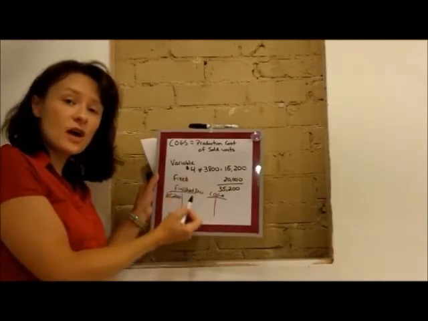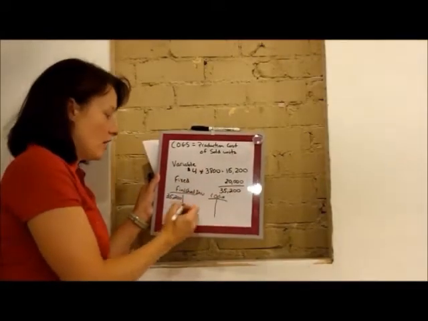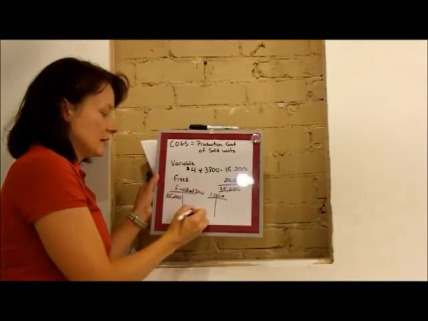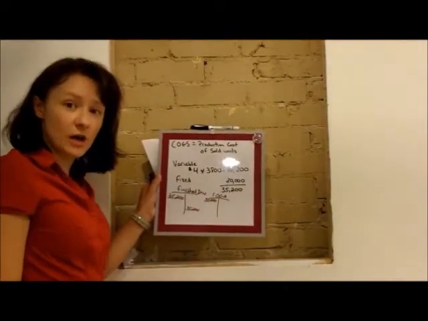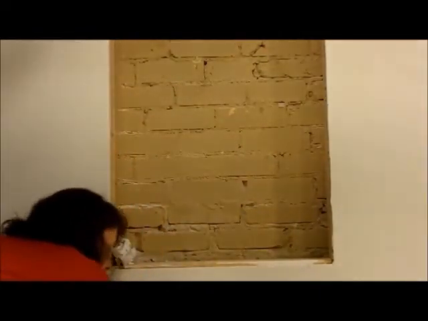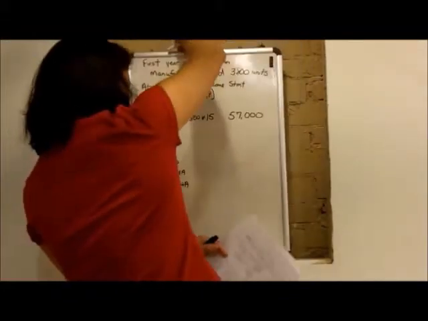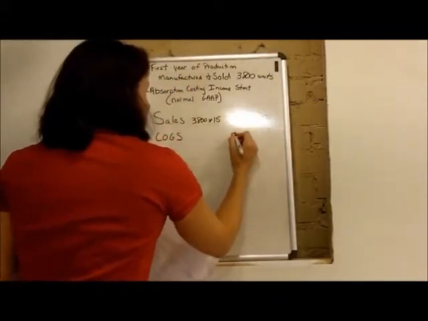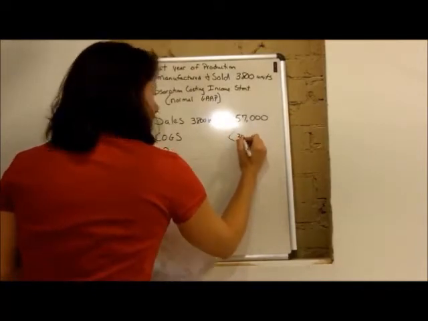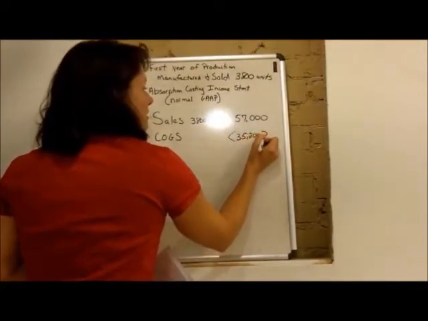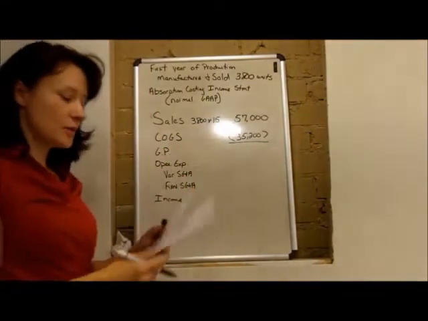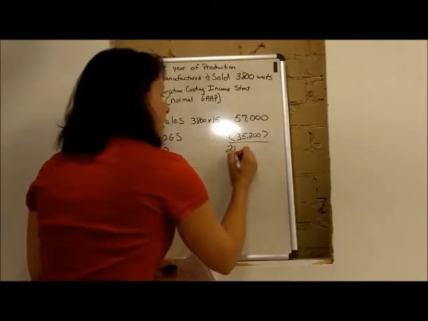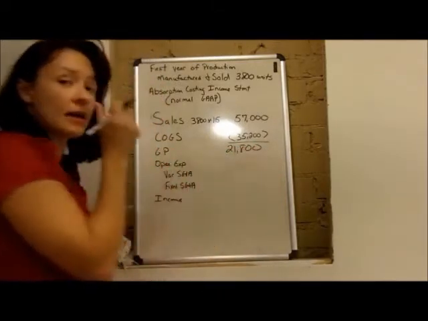Well, since we produced and sold 3,800 units, all $35,200 is transferred to cost of goods sold. We have $35,200 as our cost of goods sold, which gives us a gross profit of $21,800.